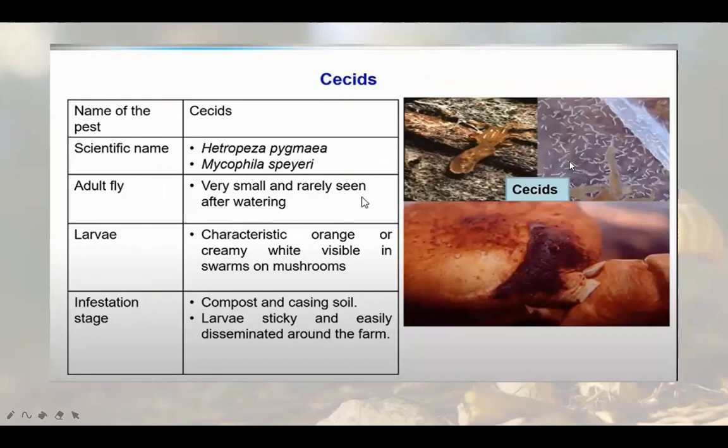Larvae are characteristically orange or creamy white, visible in swarms on mushrooms, so they are found in groups. The infestation stage is that they can attack during compost formation or during the casing period. Larvae are sticky and easily disseminated around the farm; they can spread easily.